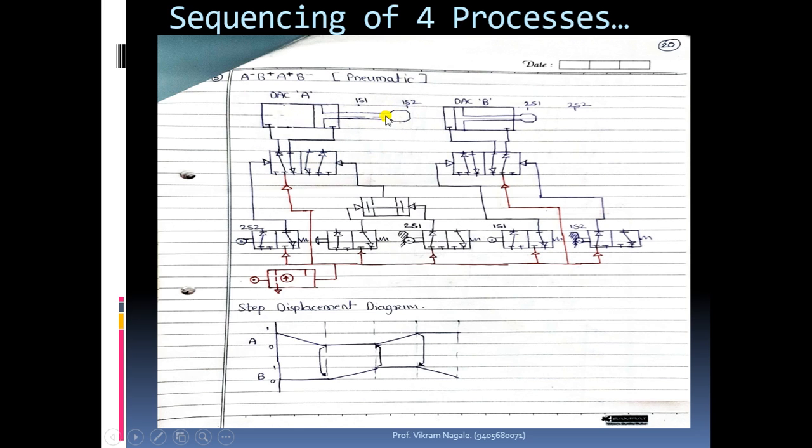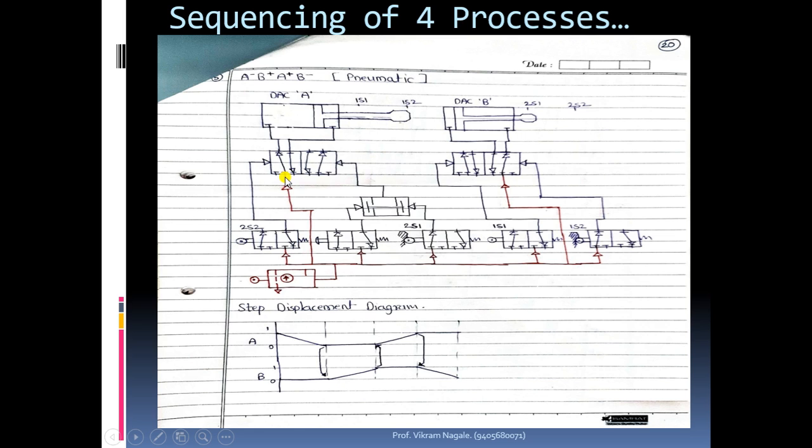It is in extended condition, and as I said, there should be active pressure on this side of the piston, meaning we want to connect this left side block, then only it will remain in extended condition. So we are connecting this left side block, and here you can see clearly the air coming from this air service unit.